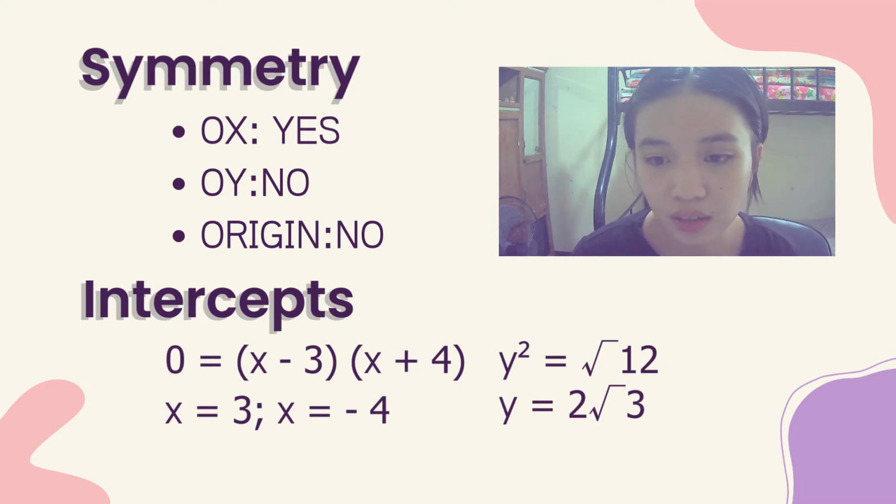By using the factored form of the given equation, which is makakalabasan is 0 is equal to x minus 3 times x plus 4, we can get 3 and negative 4 as our x-intercepts through transposition. On the other hand, we have 2 square root of 3 as our y-intercept.